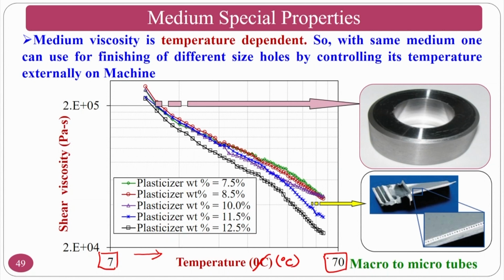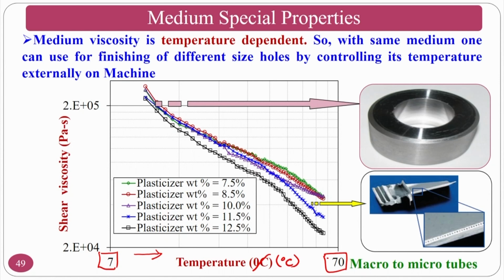That means if at all I want to finish a small hole with the same medium, what I have to do is have a temperature controlling unit on the finishing region surface, and you can manipulate the viscosities, or you can have temperature controllers on the medium cylinder, so that if today I have a very big workpiece, I do not want any temperature change.